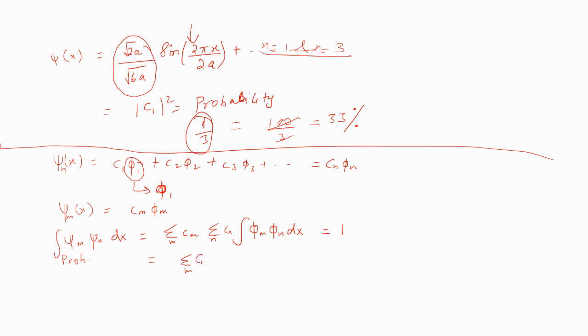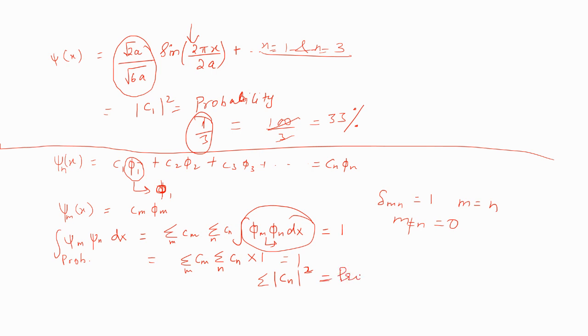So this is cn, and this will be 1. Why 1? Because you know the Kronecker delta is equal to 1 when m is equal to n, and when m is not equal to n, it is 0. Suppose m is equal to n, so this term will give 1, and here m is equal to 1, so it will give cn square is equal to 1. Okay, so this is the probability.